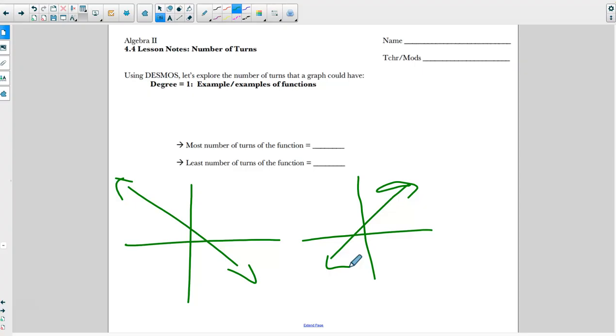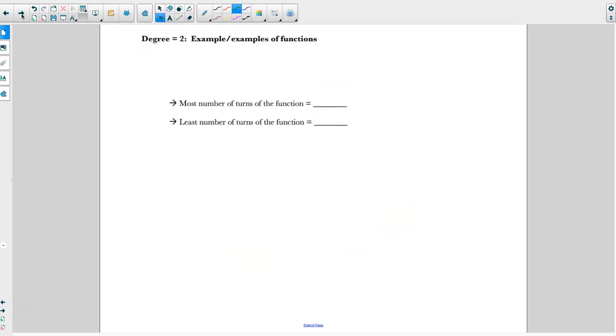So a turn is when you go from increasing to decreasing or decreasing to increasing. So that never happens with a linear function. So the most number of turns and the least number of turns is the same. It's 0. So it's 0 for both. So we're going to try a few things out and see if we can develop an understanding of a pattern that's going on.